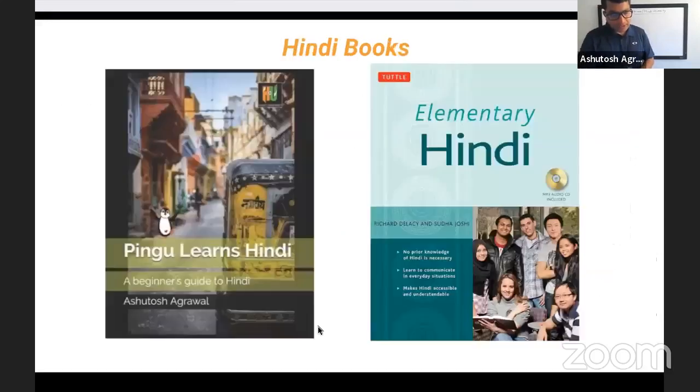In terms of books, these are the two main books that we've been following this year: Pingu Learns Hindi by Hindi University itself, and Elementary Hindi, written by Professor Richard Delacy and Sudha Joshi. Richard Delacy is also a Hindi professor at Harvard University. We are on chapter 20 right now of Elementary Hindi, and today we'll be finishing chapter 20.